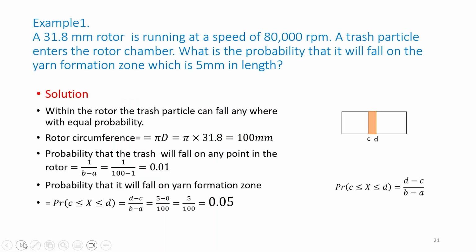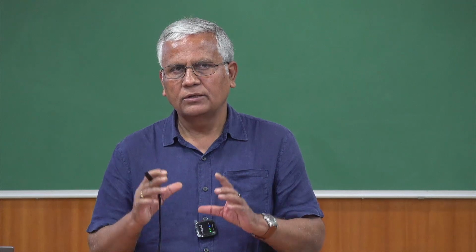Next, we take an example, and with the example, the understanding will be more clear. So the example is what? Now let us say a 31.8 millimeter rotor is running at a speed of 80,000 RPM. Those who are familiar with spinning technology understand what a rotor is.